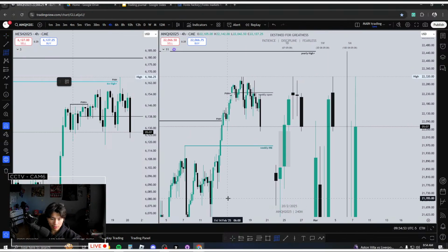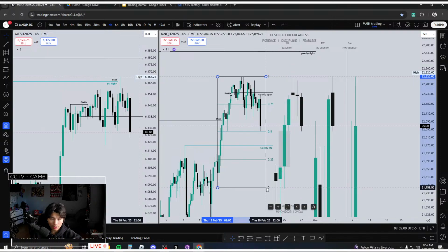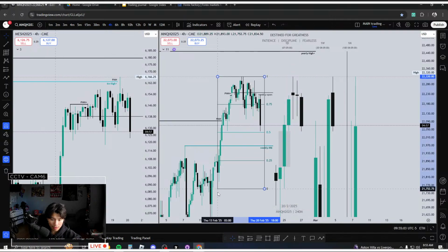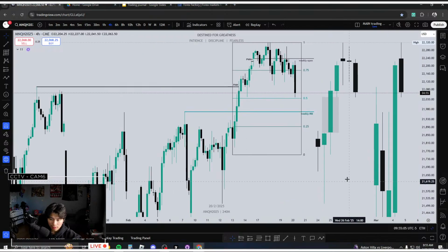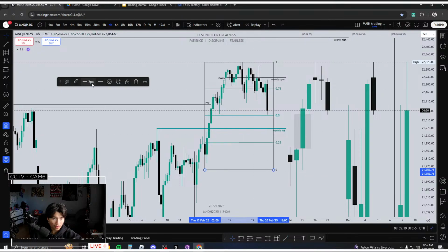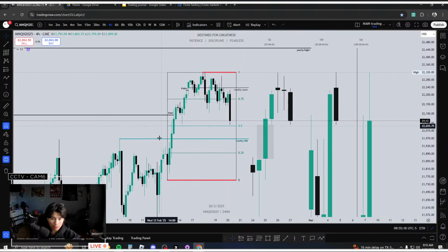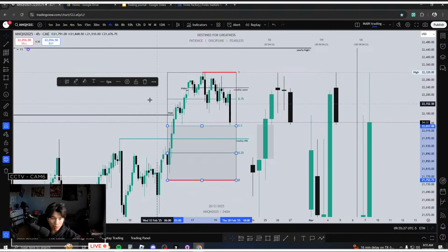Are we retracing back into discount here by any chance? Okay, so this is something that I want to see here. There is a dealing range between this 4-hour swing low and this 4-hour swing high. And with the way that we created this dealing range, and the way that we're closing on this 4-hour candle, 8-hour candle, it's suggesting to me bullish or bearish price action.